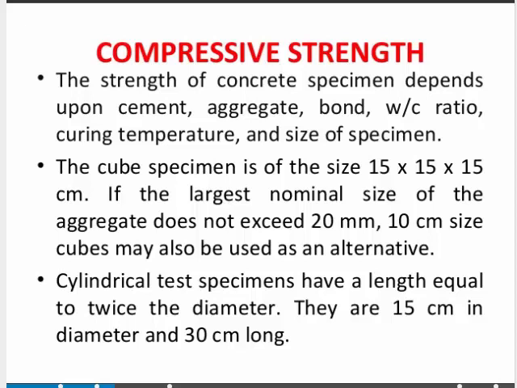The test may be conducted either on a cube of 15 by 15 by 15 centimeter, or on a cylindrical specimen 15 centimeter in diameter and 30 centimeter long. For most of the works, cubical molds of size 15 centimeter by 15 centimeter by 15 centimeter are commonly used.